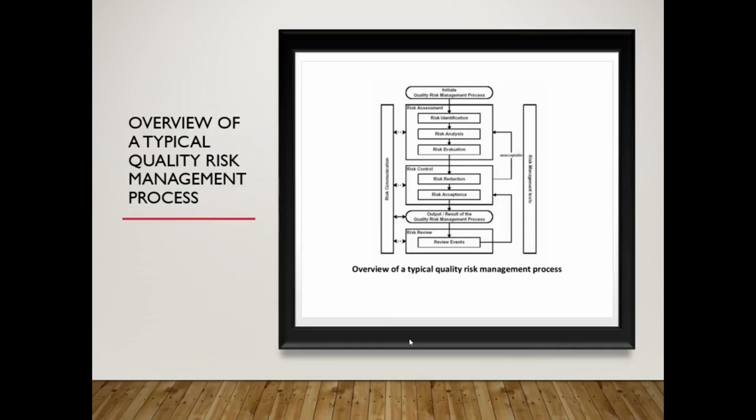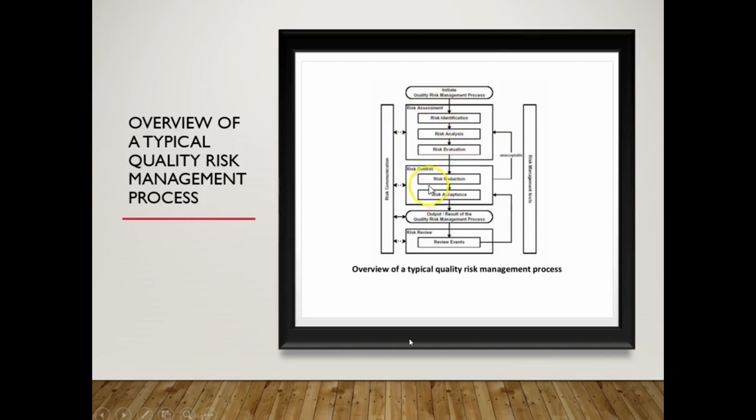This is a typical example of a quality risk management process. You can see it's divided into various different sections. The first one is where you initiate your quality risk process, and this one here is your risk assessment. So this is where you're trying to look at the risks and determine their level.